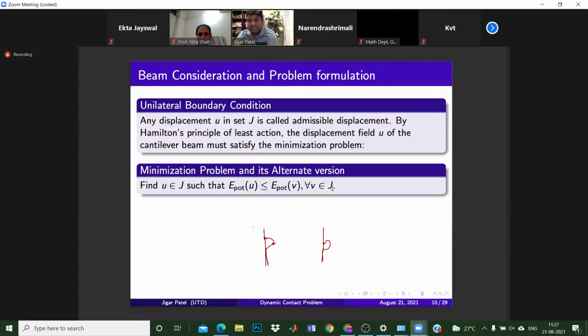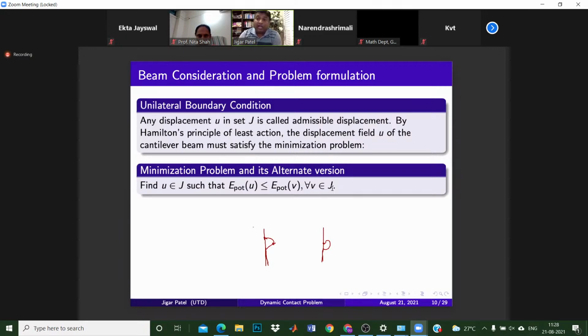Under that principle, I'm going to consider this particular problem. It says, find displacement u in the admissible set J such that the potential energy at u is less than or equal to the potential energy at v, for any displacement v coming from the admissible set. So as I said, this is really the mathematical version of Hamilton's least action principle, right?